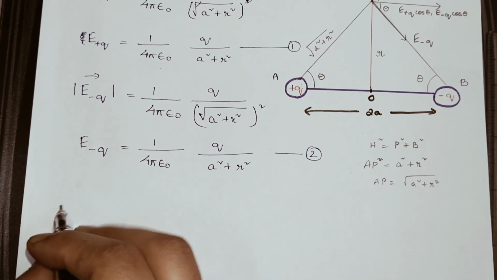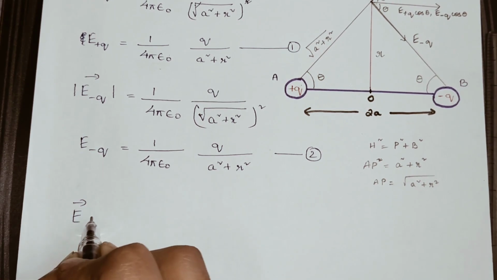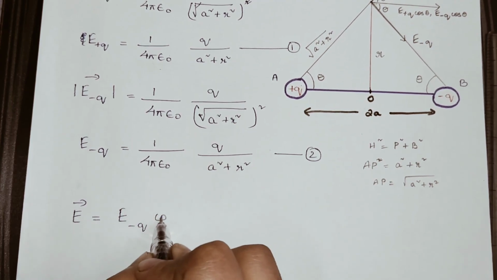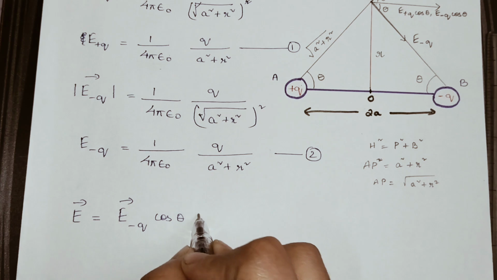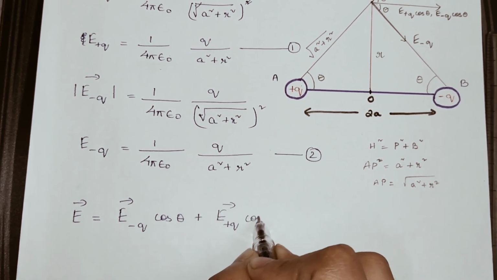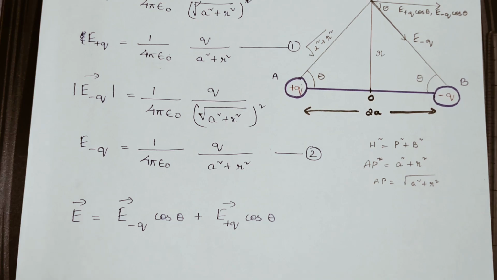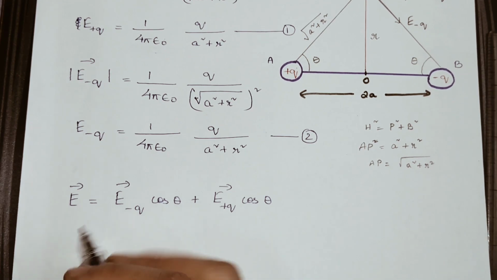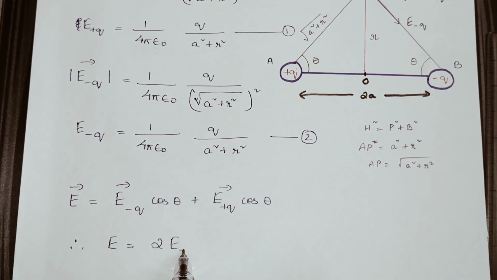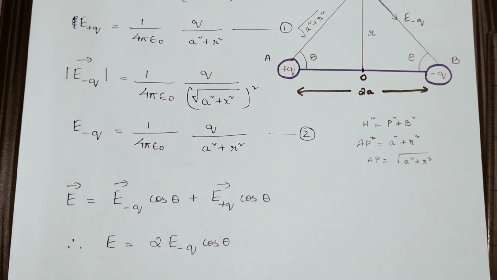So our equation will look something like E vector is equal to E minus Q cos theta plus E plus Q cos theta. Since we have already mentioned that they have the same magnitude, I can write this as E is equal to 2 times E plus Q or minus Q. It is the same thing since they have the same magnitude.